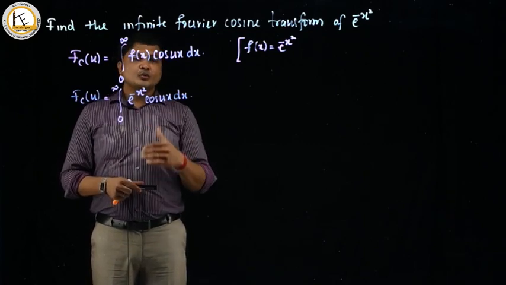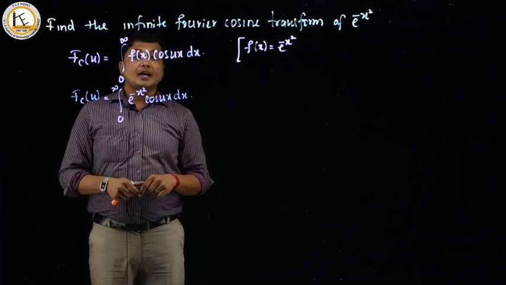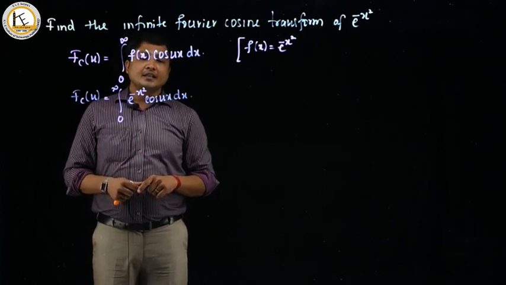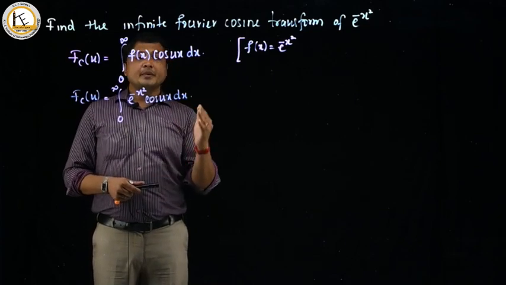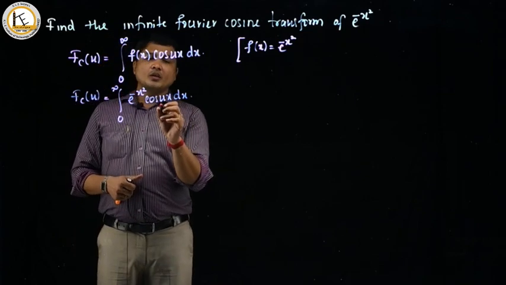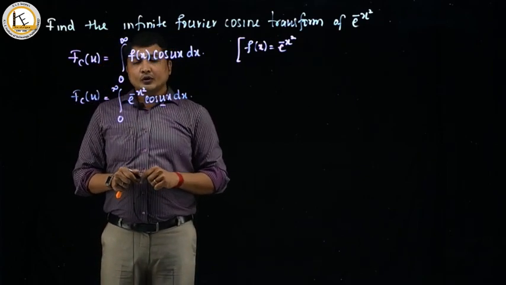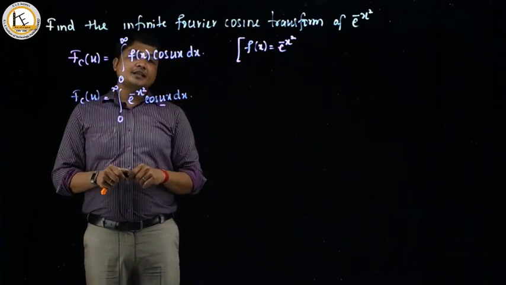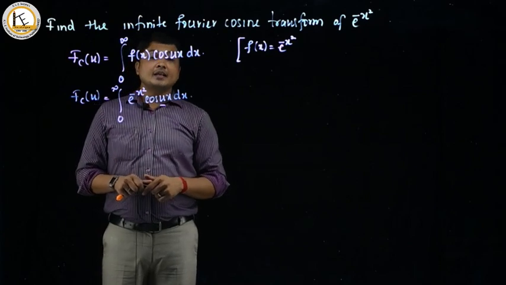In the Leibniz rule, we are going to differentiate this integral under the integral sign with respect to a variable other than x. So here we have one more parameter, that is u. So we are going to differentiate under the integral sign with respect to u, and that is called the Leibniz rule.